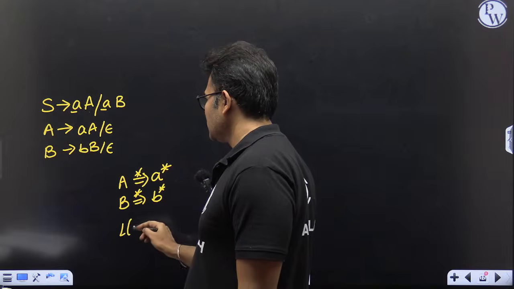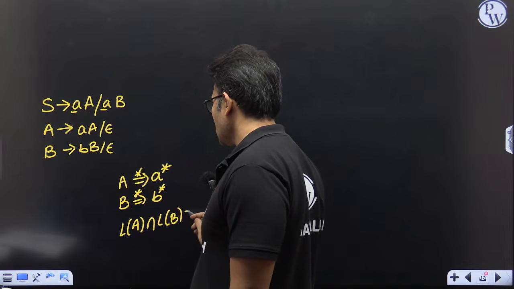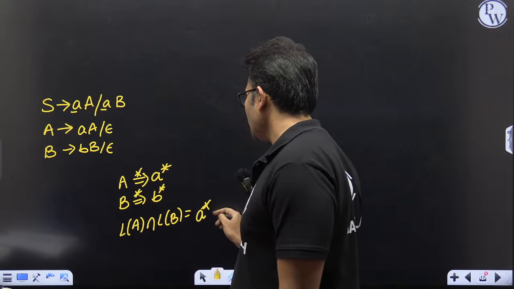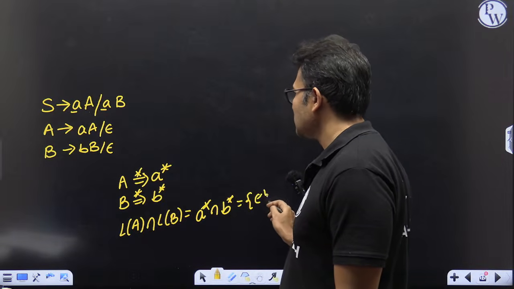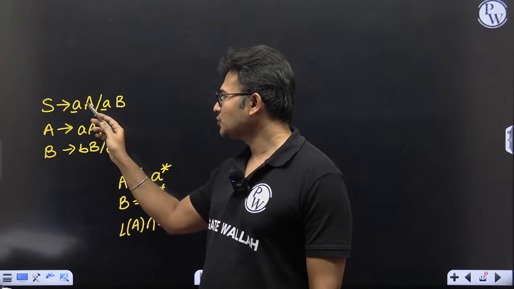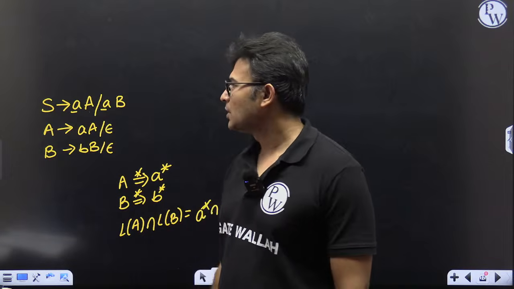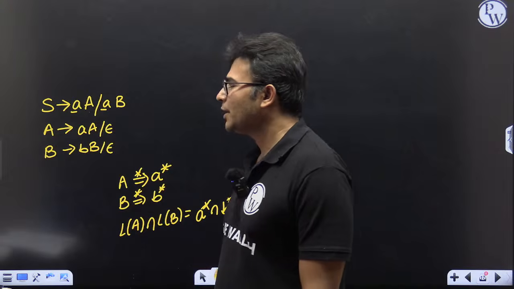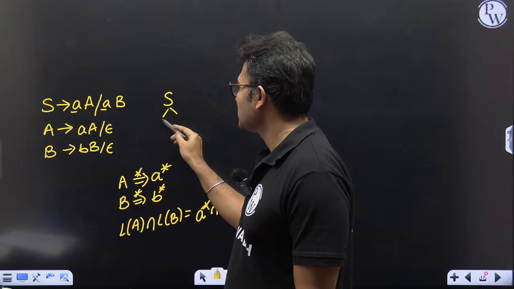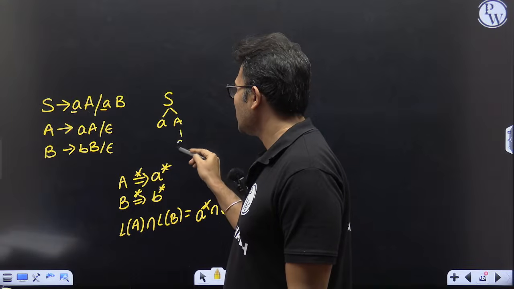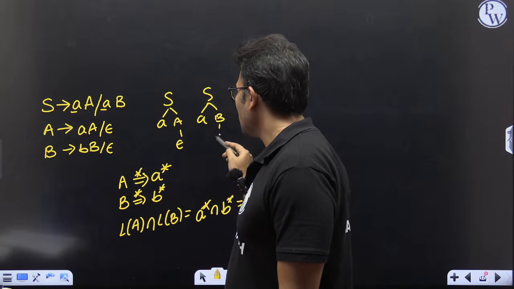Now what is language of A intersection language of B? It is A star intersection B star, which is epsilon, which means capital A and capital B are generating a common string epsilon. Therefore, you may get two parse trees, right? So S derives A, A derives epsilon, S derives AB, B derives epsilon.